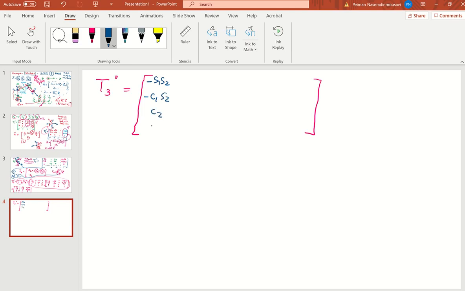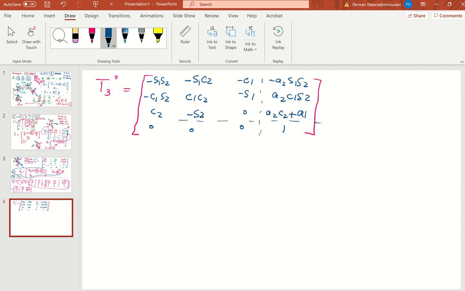Cosine theta 1 cosine theta 2, minus S1 cosine 2, which means sine theta 1 cosine theta 2, cosine 1 cosine 2, minus sine 2, 0, minus C1, minus S1, 0, 0, minus A2 S1 S2, A2 cosine 1 S2, you have A2 C2 plus A1. Here we go. So now let me double check first. Okay, hold on, I don't want to make a mistake.